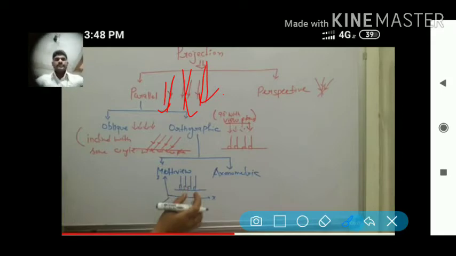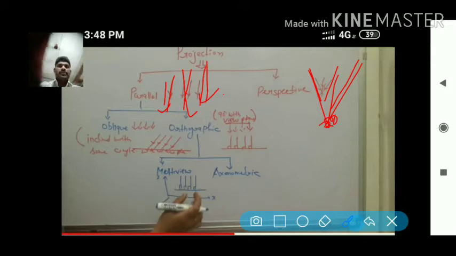And the second one is perspective, where all the lines go and meet at one point, that is the center point. This type of projection is called perspective projection. Based on these characteristics, we classified projections into two types.